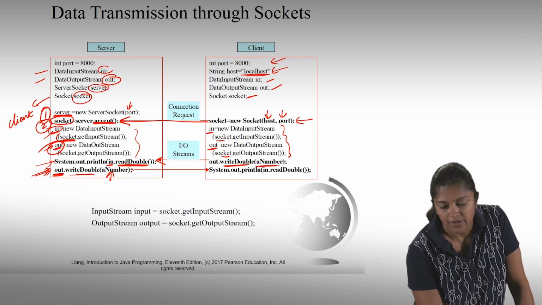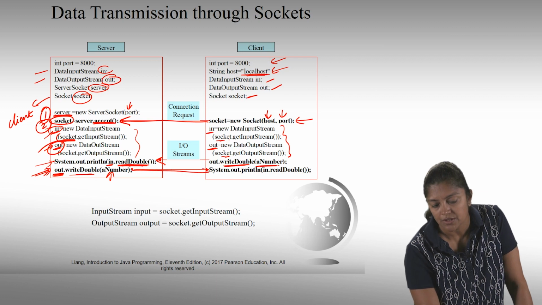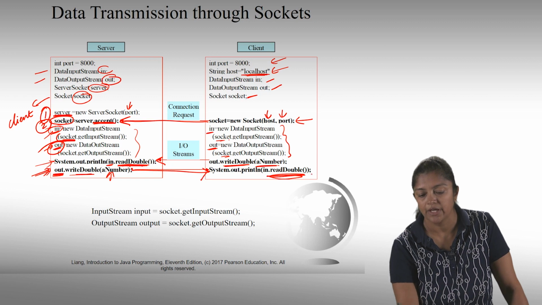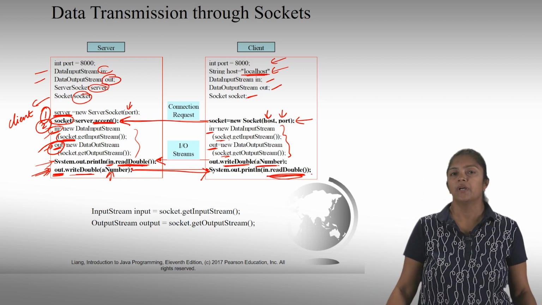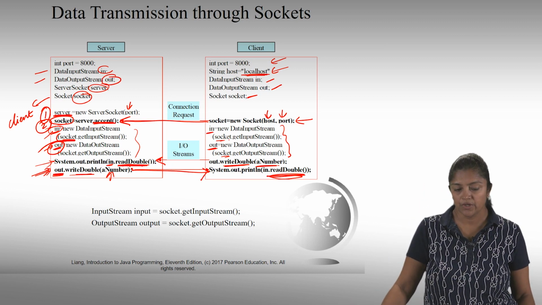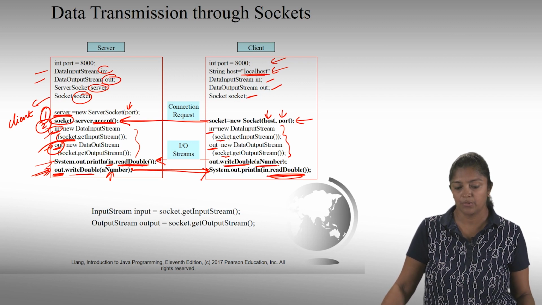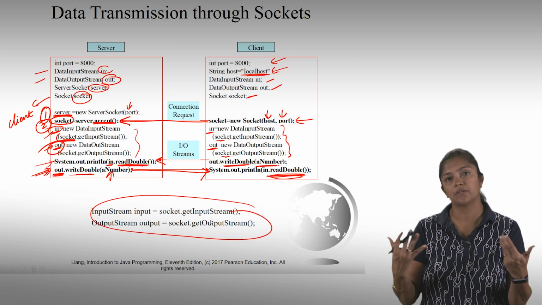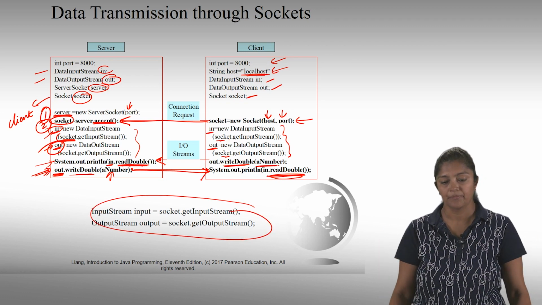And then when the server writes anything onto the communication channel, that gets sent to the client, and then the client can read it from the input stream. So that's how the communication works. The key things over here are using the data input and output streams and setting those up so that the I/O communication can happen.